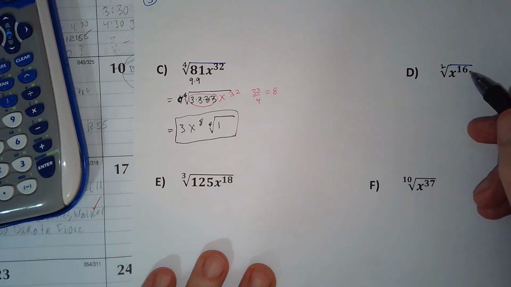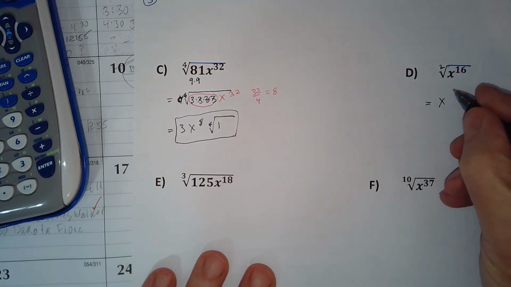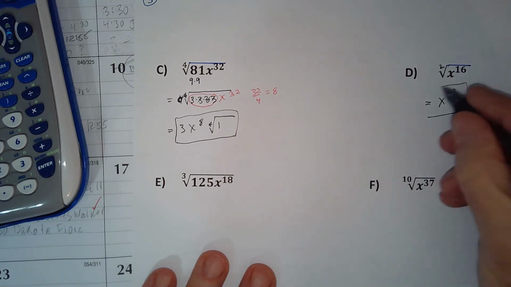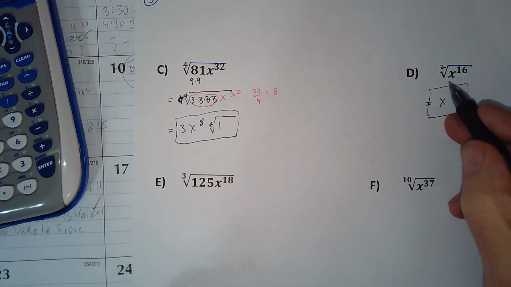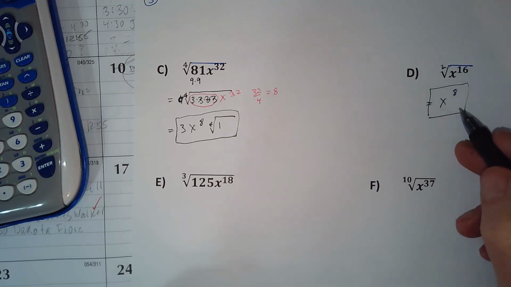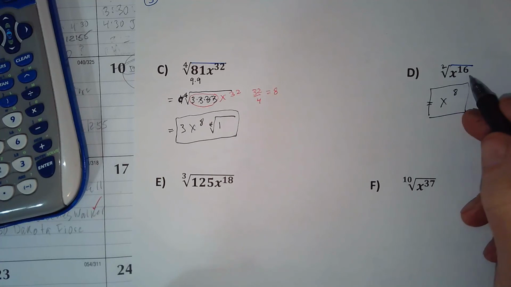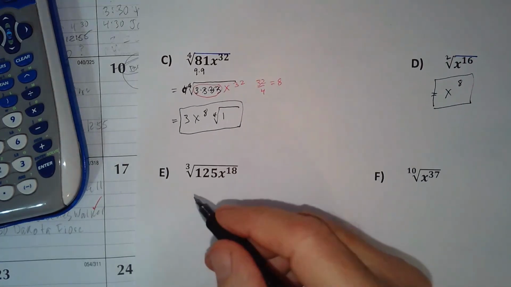We can just divide 16 by 2, and we end up with x to the 8th. See how simple that was? So if you don't have any real numbers to factor, and you're just dealing with powers, you can just easily cut to the chase, divide the power by the index, and you got your root.